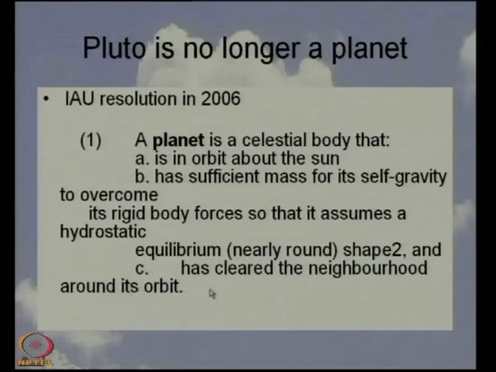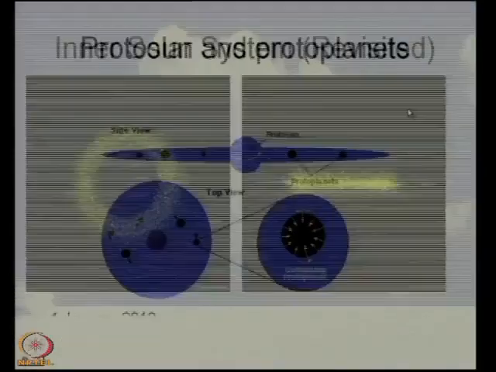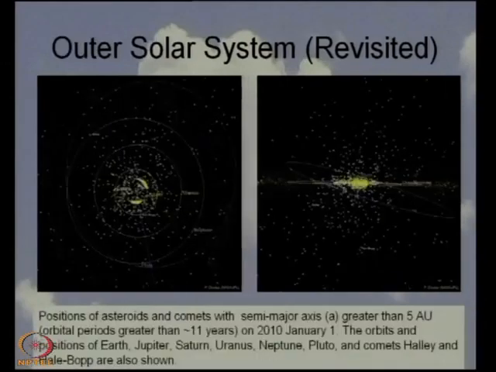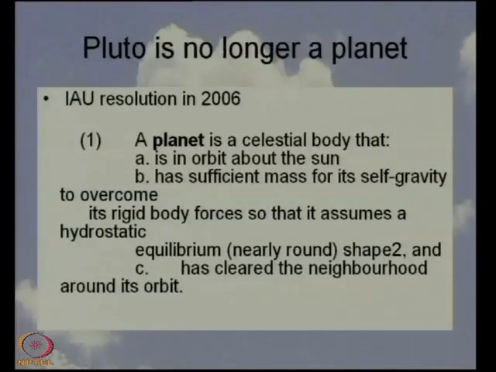But if its gravity was sufficiently high, it would collapse and form a spherical shape, and then it would be a planet. Further, it should also have cleared the neighborhood around the orbit. If you look at the orbits of these planets, you do not find them littered with asteroids. Asteroids are there, but they are in between the planetary orbits. The planetary orbits do not cut through regions with a large number of asteroids. The planets have gravitationally attracted all of them and cleared up the path.